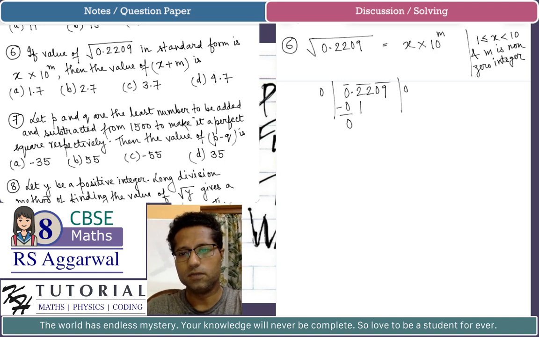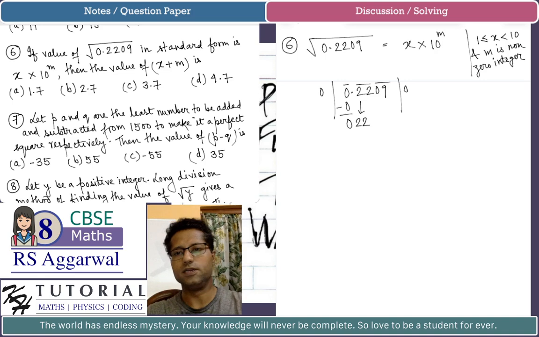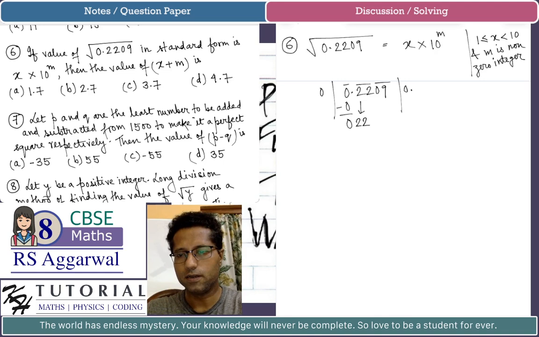We bring down the next period, 22, and at this stage all the digits before the decimal point are exhausted, so we put a decimal point in the quotient. Appended with the remainder 0, the next dividend becomes 22.